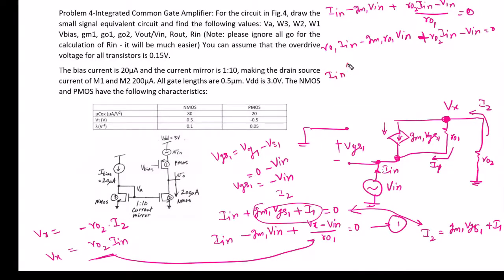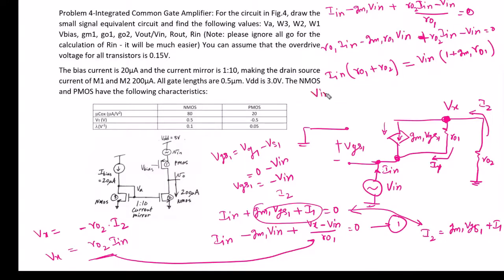So we can combine the I in terms as RO1 plus RO2, and here it will be equal to V in times 1 plus GM1 RO1.